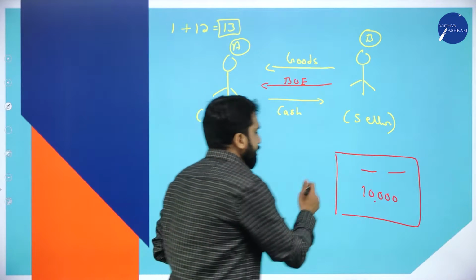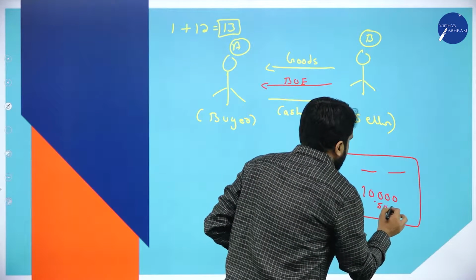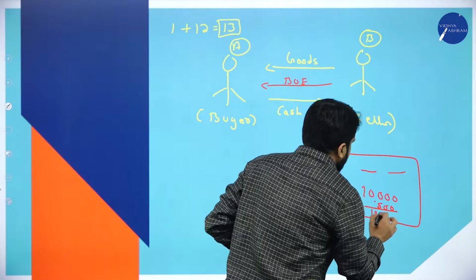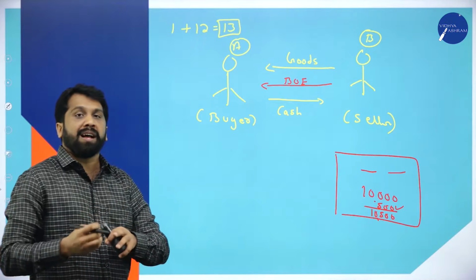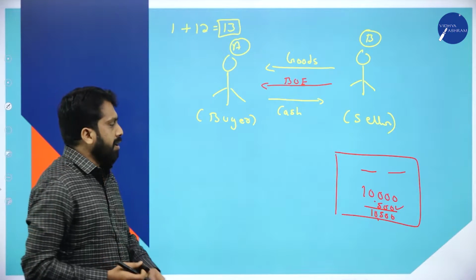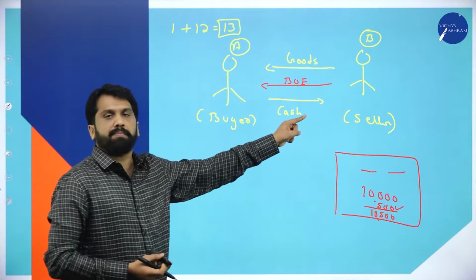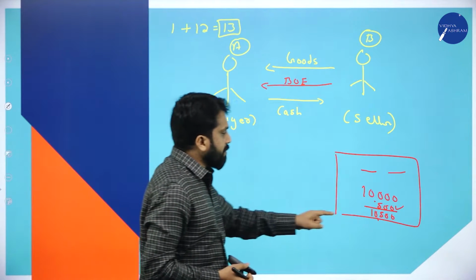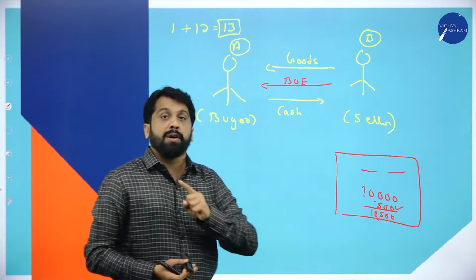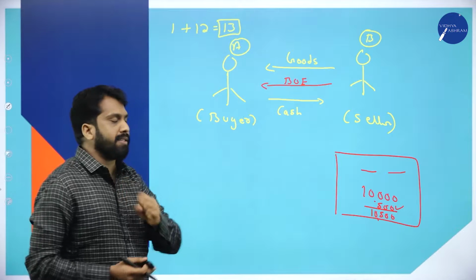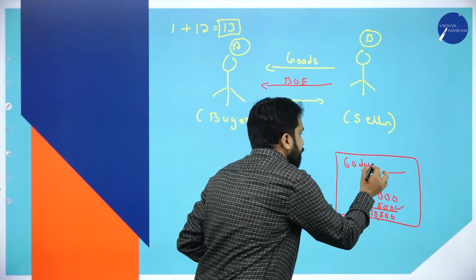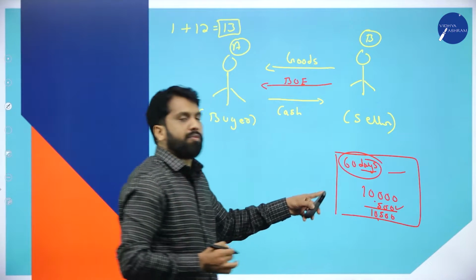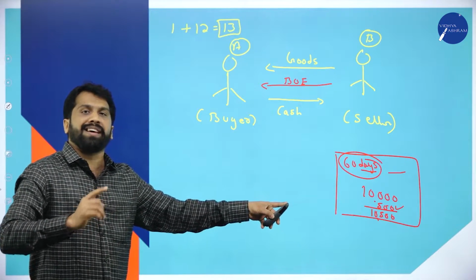Along with 10,000, he has to pay around 500. 10,500. 500 will be called interest or additional money. Now, how much does A have to pay B? Yes, A has to pay 10,500. When does he have to pay? Yes, he has to pay after 60 days. This letter we call bills of exchange.